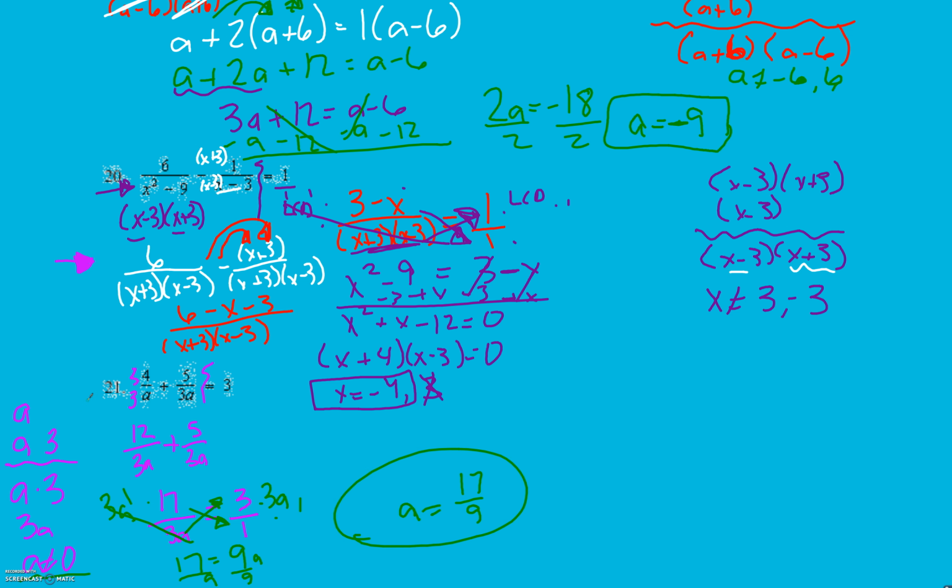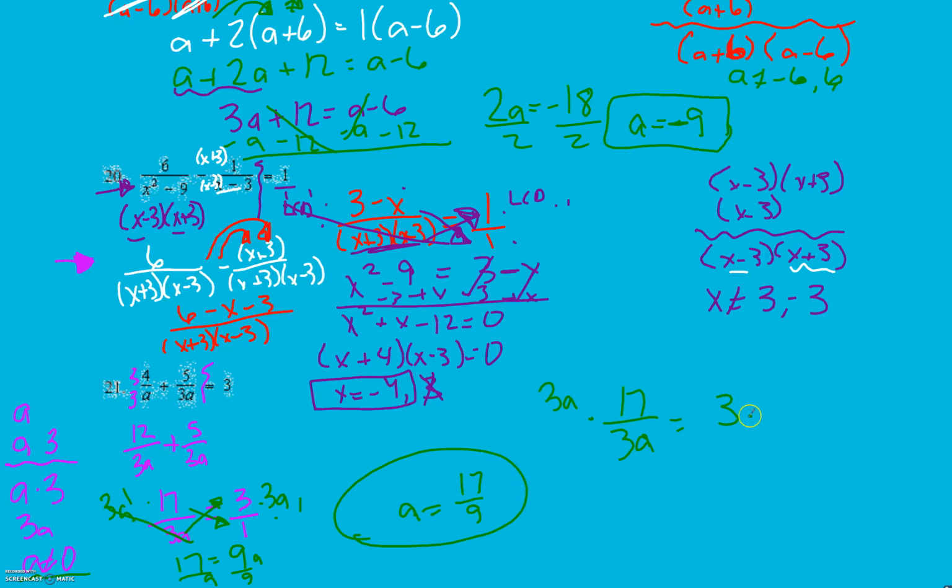And again, once I had the 17 over 3a equals 3, you can either write it over 1 and cross multiply, which is what I did over there, or we can clear our fraction by multiplying by it.